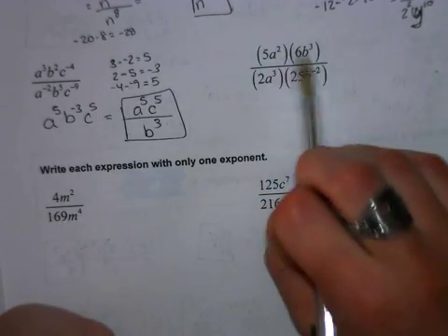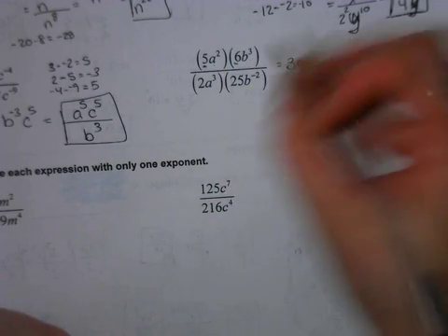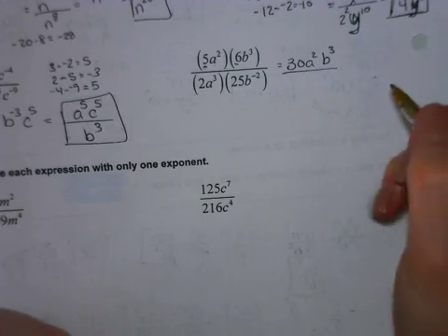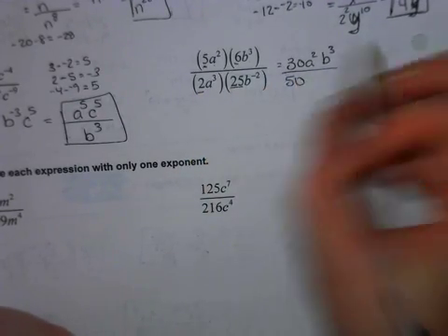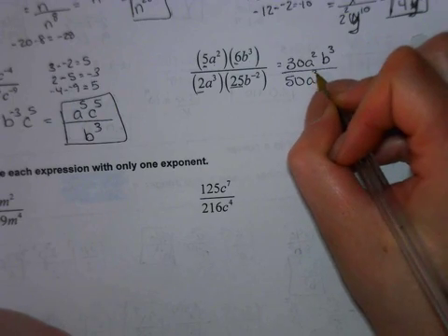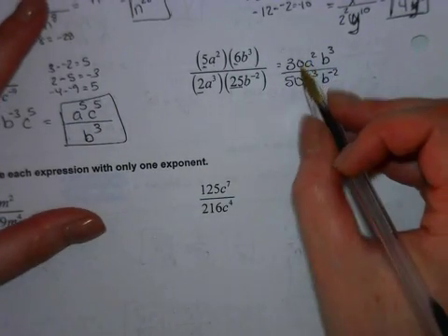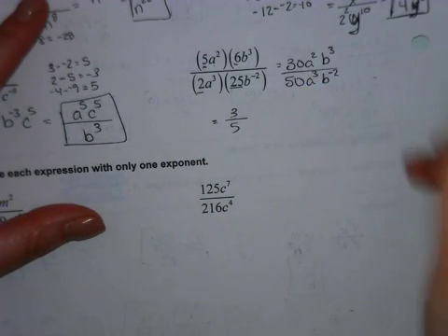Once again, we are multiplying, so 5 times 6 is 30. We have no more like bases. We have a to the second times b to the third divided by 2 times 25 is 50. Like bases, so we have a to the third times b to the negative second. Well, 30 divided by 50 reduces down to 3/5.